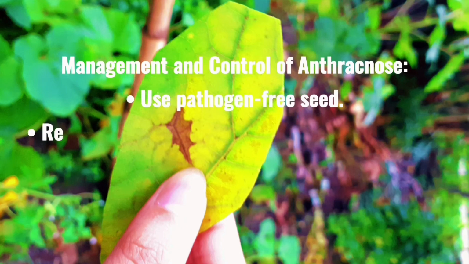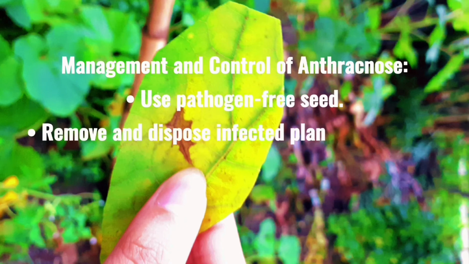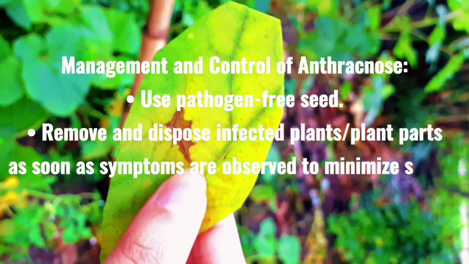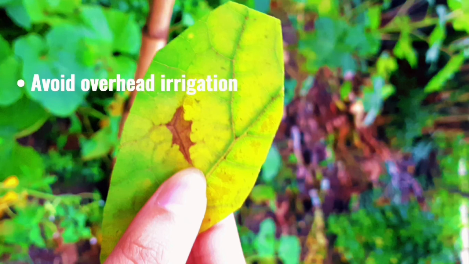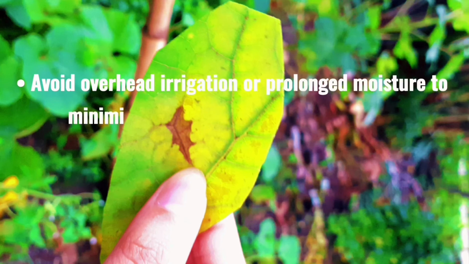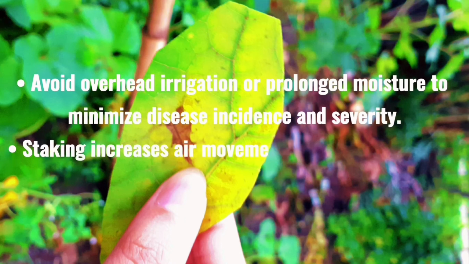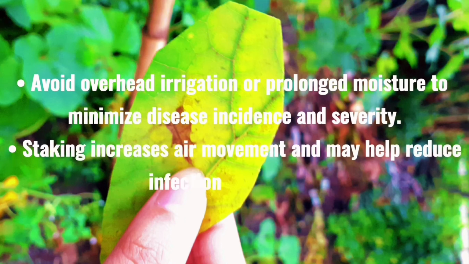Use pathogen-free seed. Remove and dispose of infected plants or plant parts as soon as symptoms are observed to minimize spread of disease. Avoid overhead irrigation or prolonged moisture to minimize disease incidence and severity. Staking increases air movement and may help reduce infection in the field.